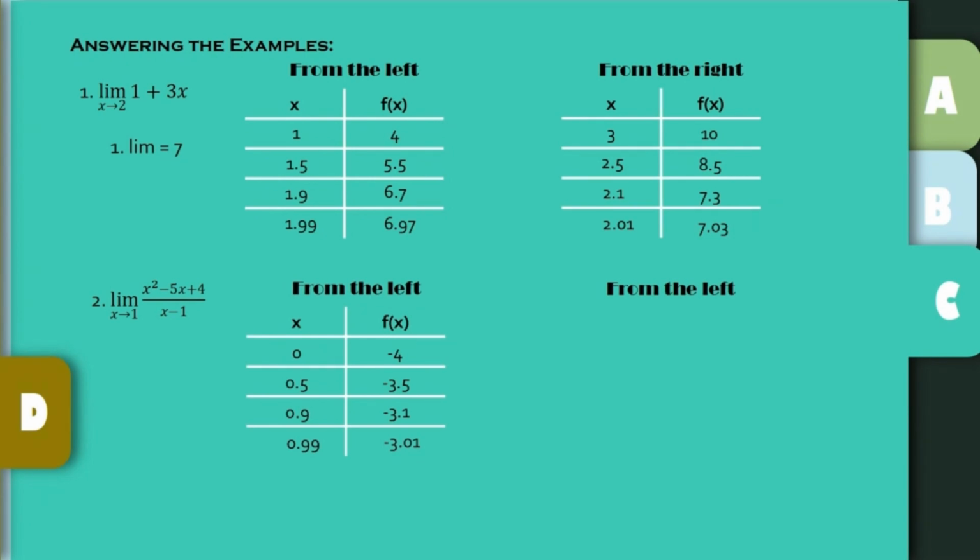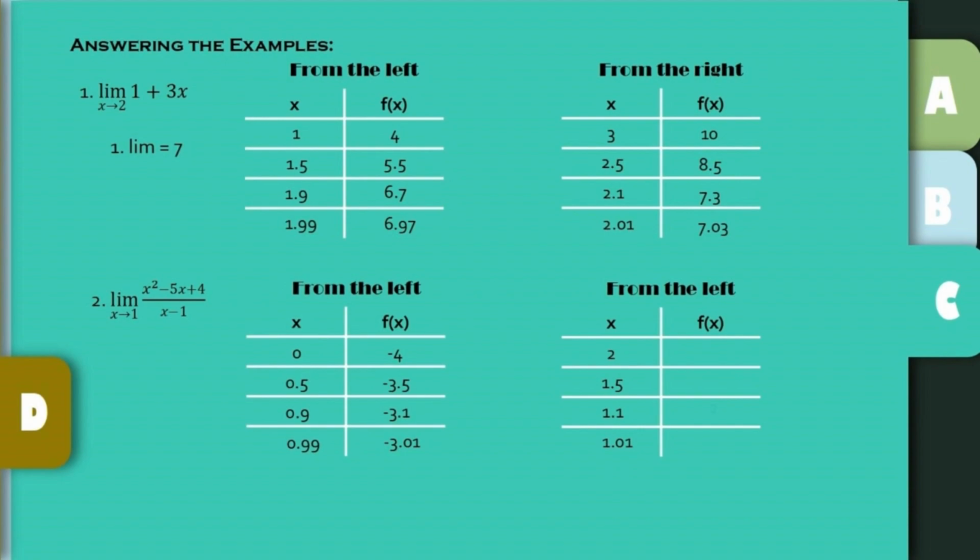Now let's do the same from the right. The x values closest to 1 are 2, 1.5, 1.1, and 1.01. Once done finding them, substitute them again. So we have negative 2, negative 2.5, negative 2.9, and negative 2.99.